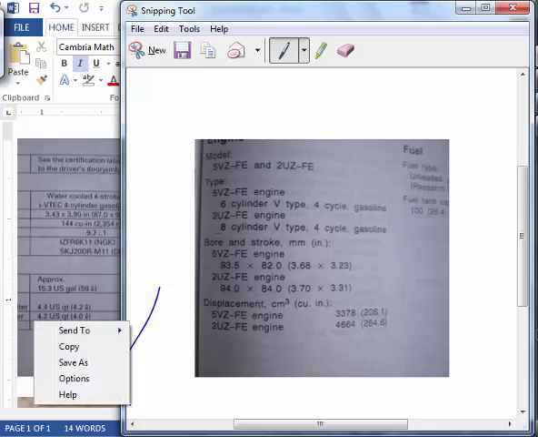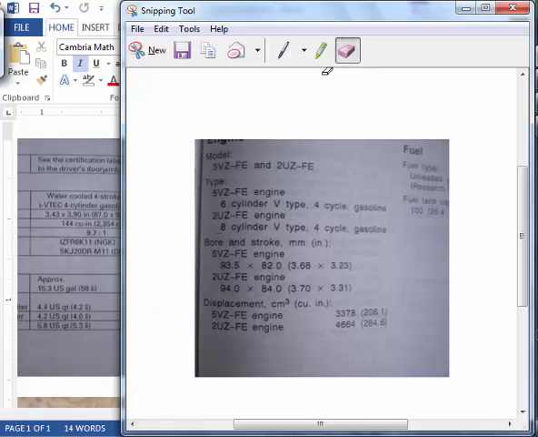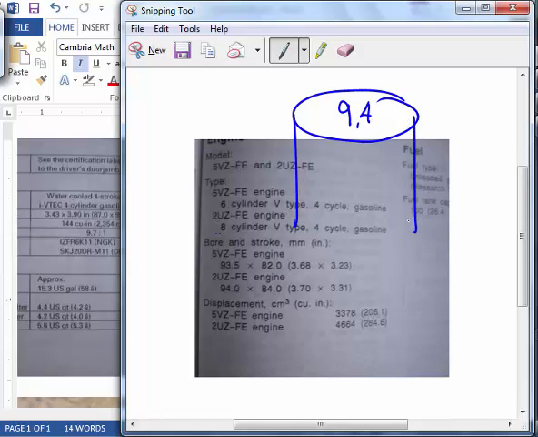I have a V8, so we're going to use the 2UZ. So our engine size is 9.4 across, and the stroke is 8.4.